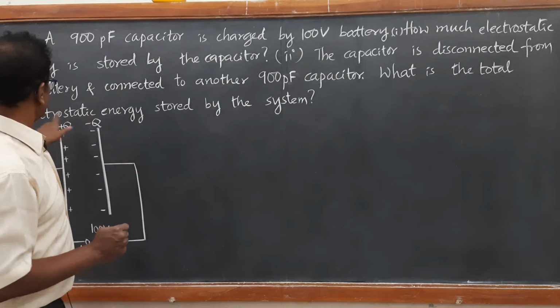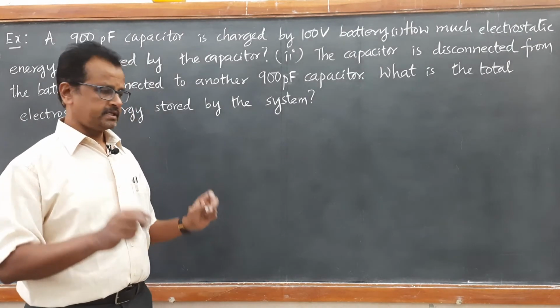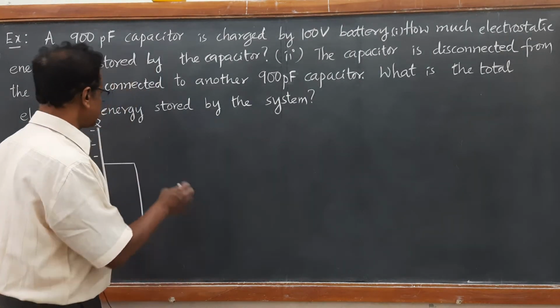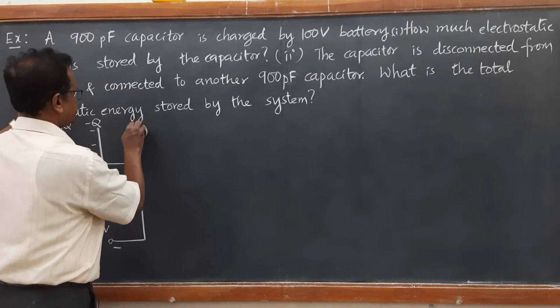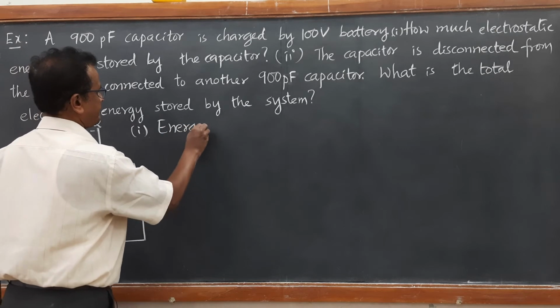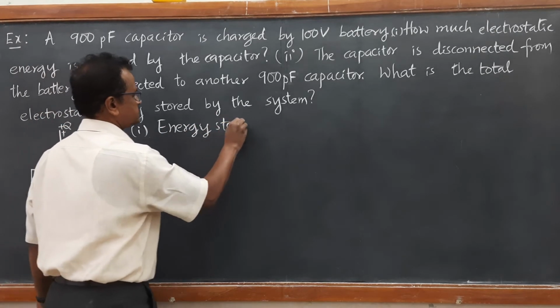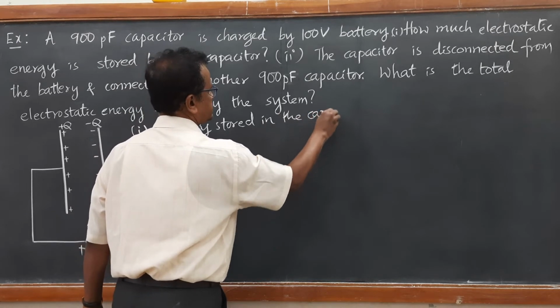Then what is the total electrostatic potential energy stored in the system? Two parts are there. First I will calculate the energy stored in the charged capacitor.